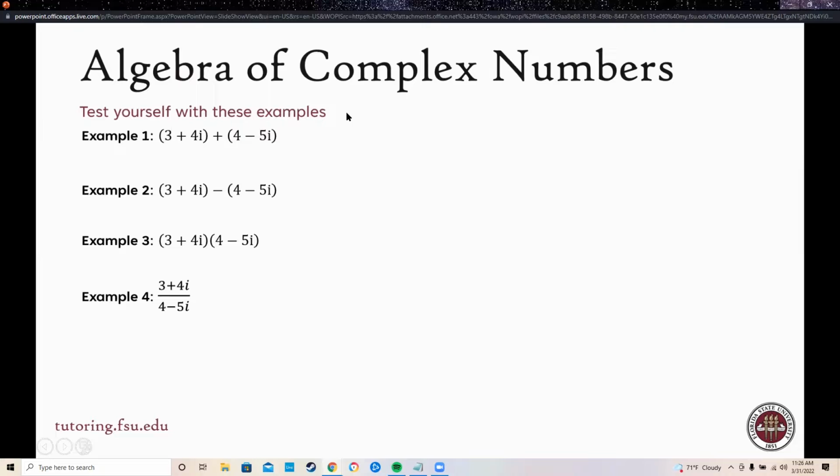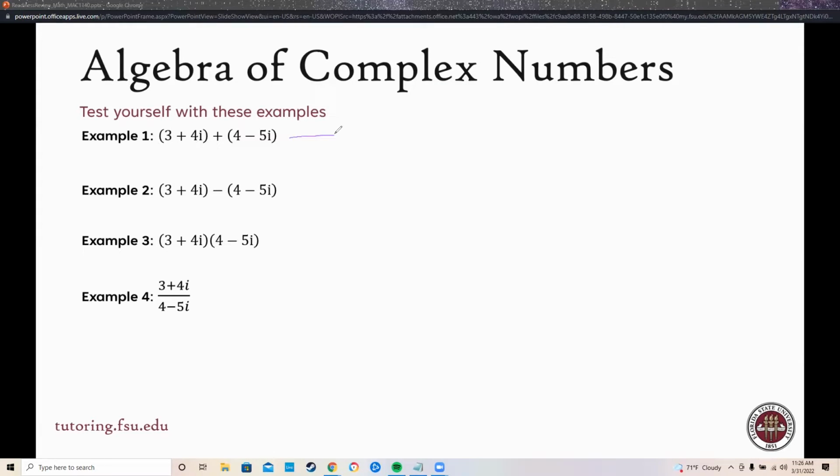So let's do a couple algebraic examples of complex numbers. The only rule when simplifying complex numbers is that real numbers can add together and imaginary numbers can add together. The real numbers cannot add with imaginary numbers. So if there's an i attached to them, they can add to something that has an i attached to it. But other than that, they would not add.